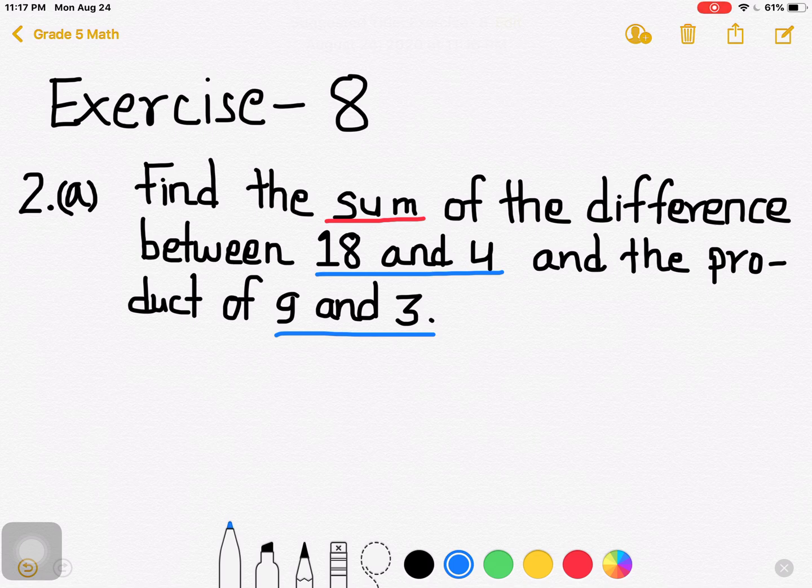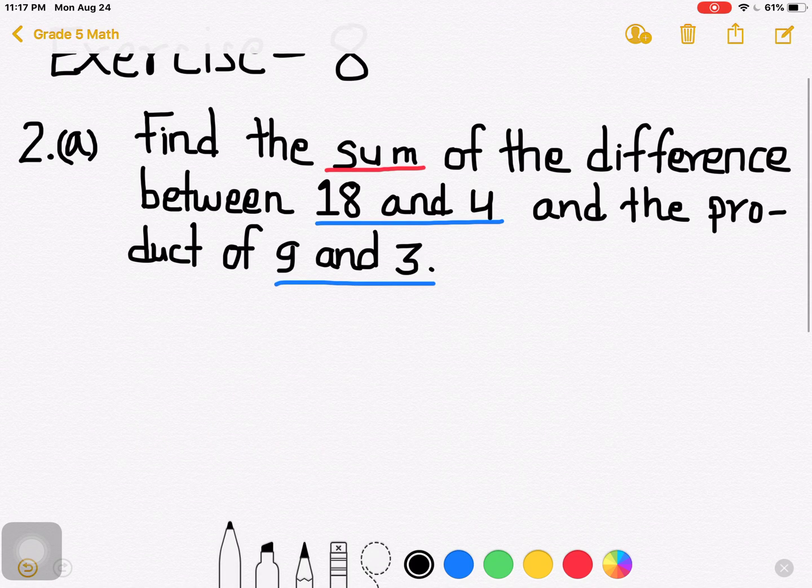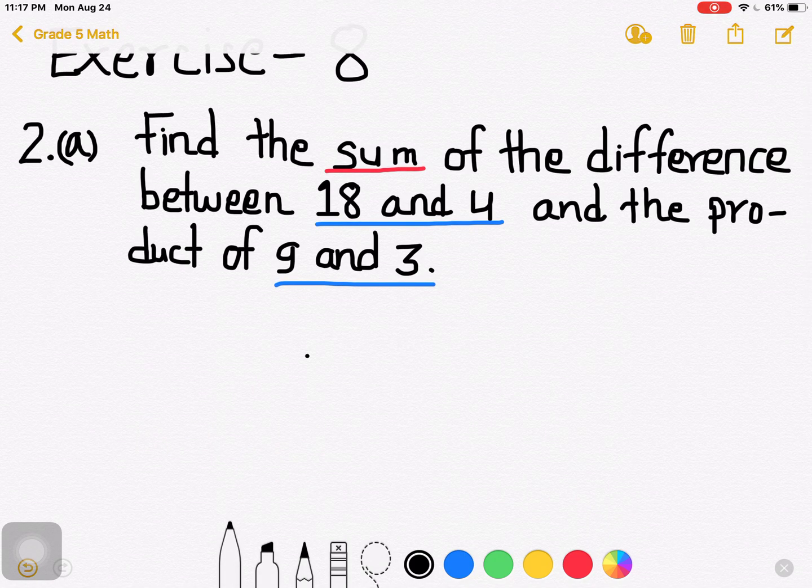Now let us make the problem. We have to find out the sum. Sum of what? The difference between 18 and 4.